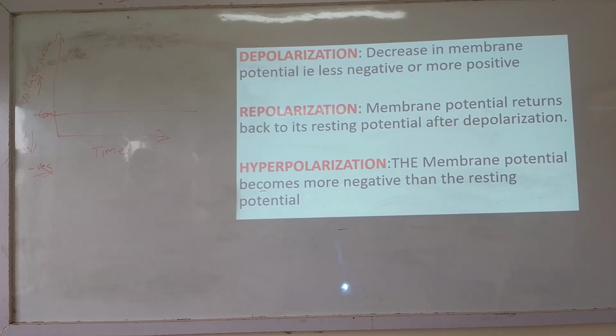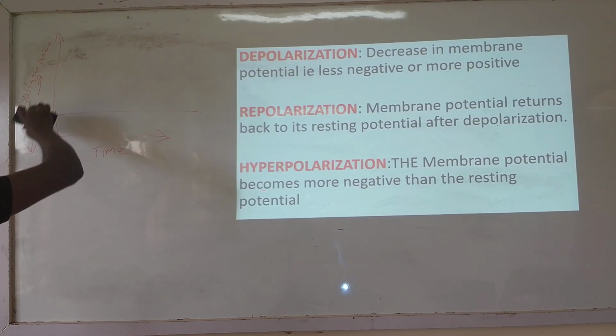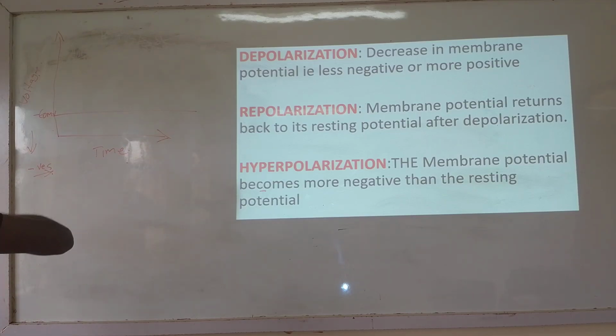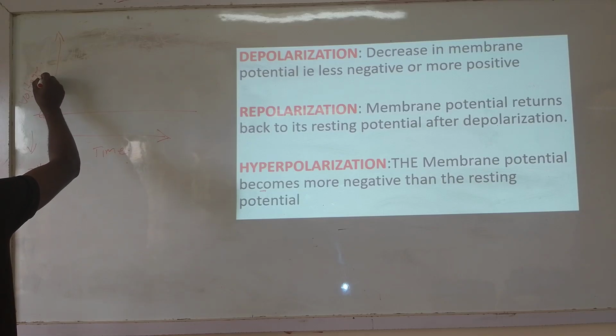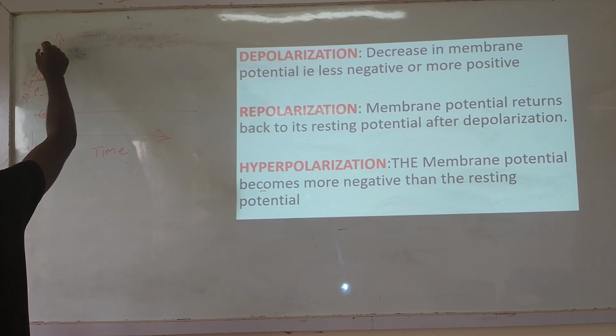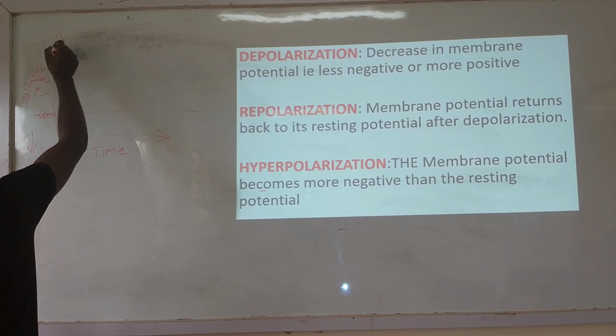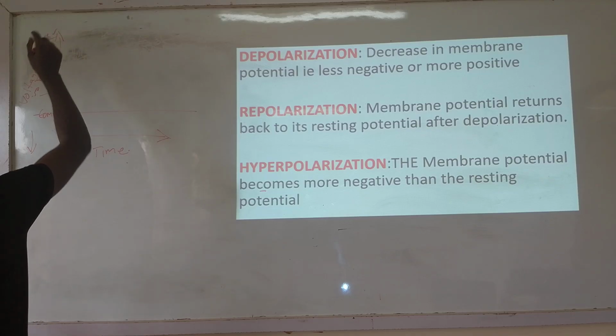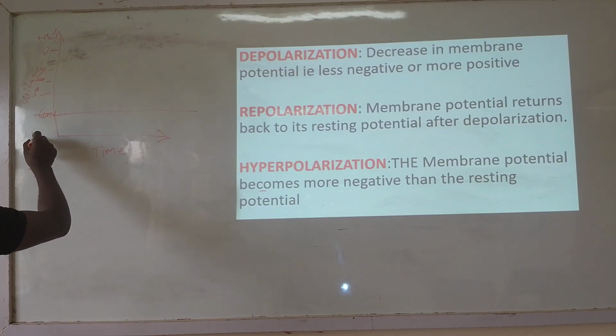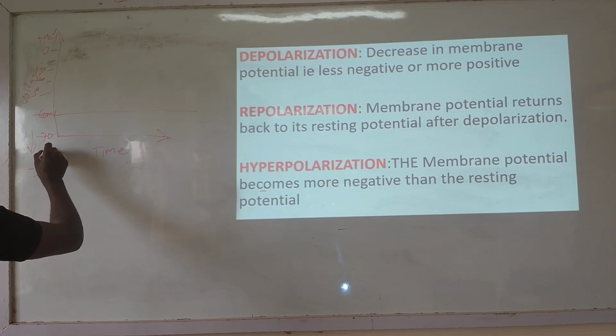If you have negative 50 here, then negative 40, negative 30, all the way to zero, and then all the way to positives up there. And down here you are going more negative, maybe 70, maybe 80 downwards.